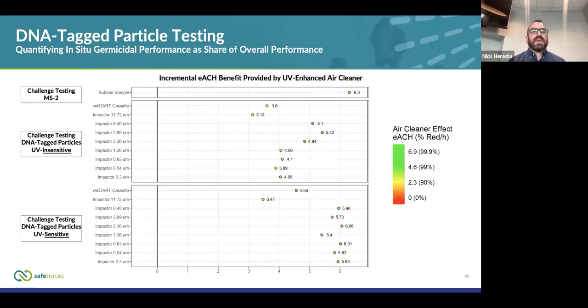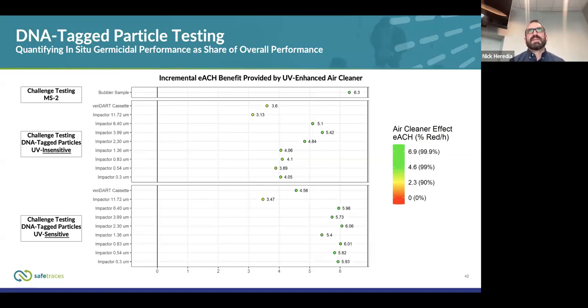And so following up on that, here we're showing the testing of an air cleaning device. In this case, we have early data from a device from Cerazone. This device is an air cleaner that uses several modes to clean the air.